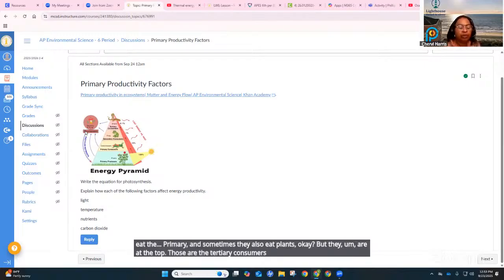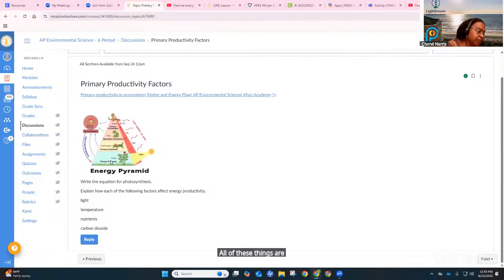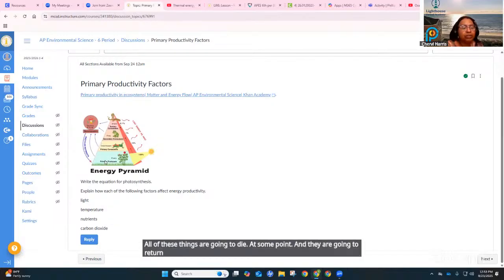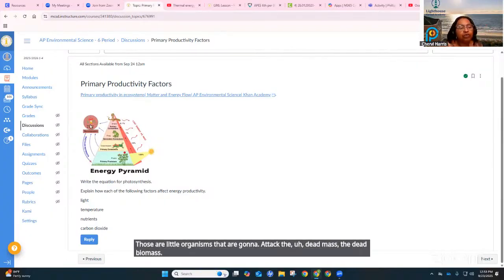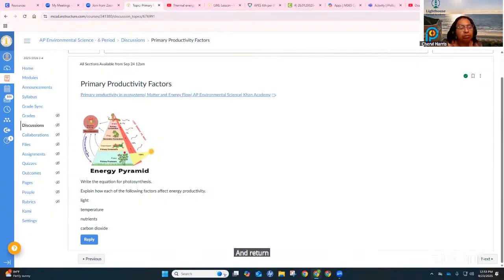And then you have the organisms over here. All of these things are going to die at some point, and they are going to return nutrients back to the soil. So you need the decomposers. Those are little organisms that attack the dead mass, the dead biomass, and return nutrients back to the soil so that these lovely little primary producers can grow some more.